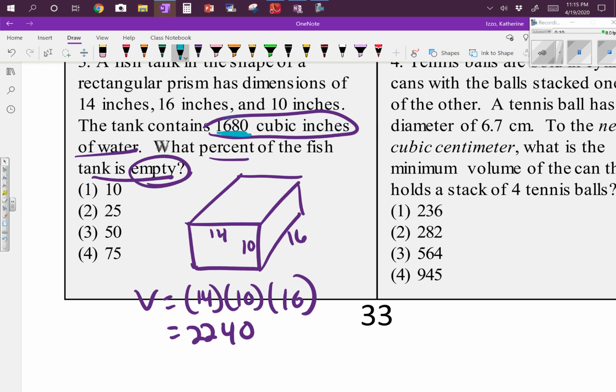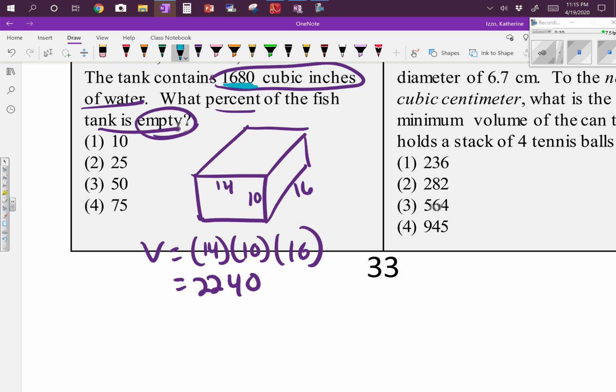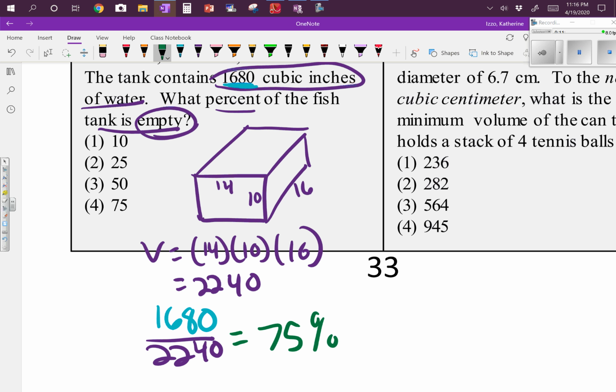But it's only filled to 1680. So 1,680 are filled out of the 2,240. Yeah, that's going to tell us the percent of filled. So the percent of filled is at 75% filled.